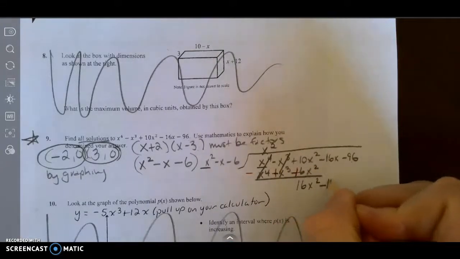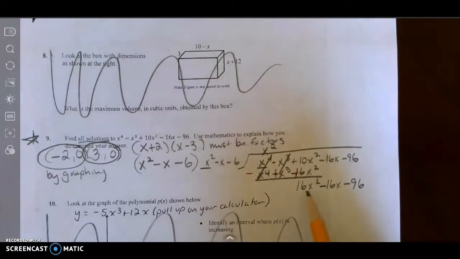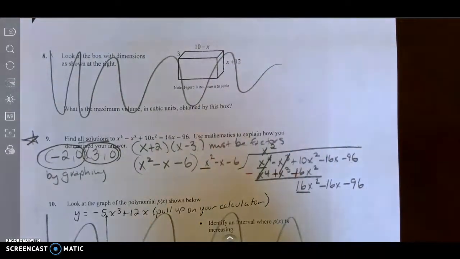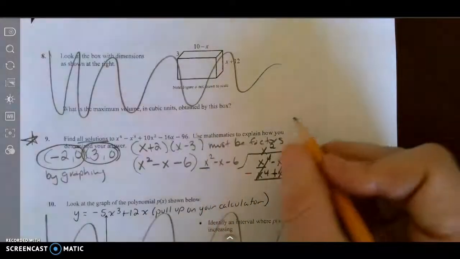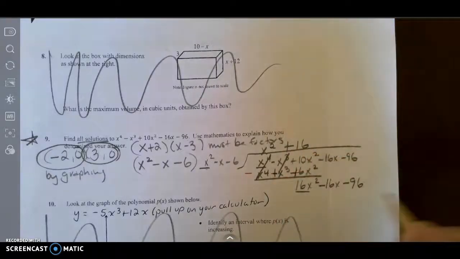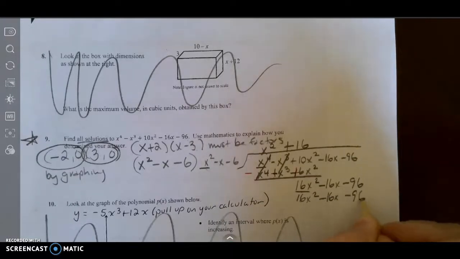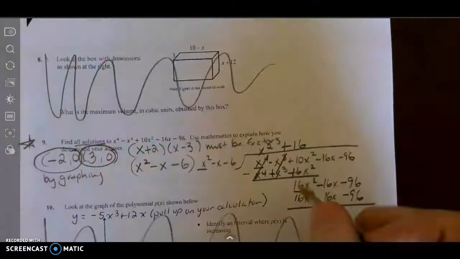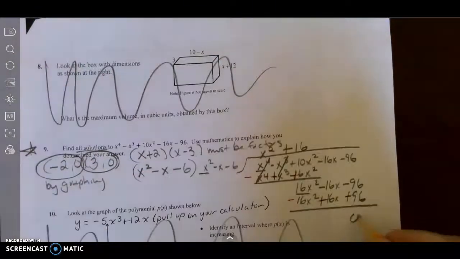Carry down the minus 16x and the minus 96. Focus on the first. 16x squared divided by x squared is 16. So, multiply that out. I get 16x squared minus 16x minus 96. And I change my signs because I'm subtracting. And I get a remainder of 0.